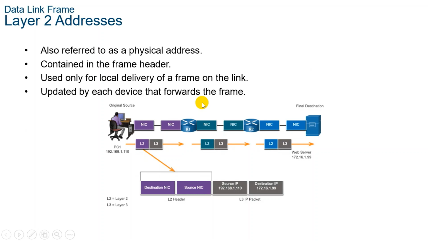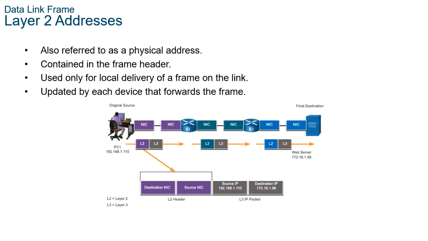Okay, so layer 2 addresses. Layer 2 addresses are also known as the physical address. When we say physical address, that pertains to the MAC address. The data link layer provides the addressing used in transporting a frame across a shared local media. So device addresses at this layer are referred to as the physical addresses, or MAC addresses.